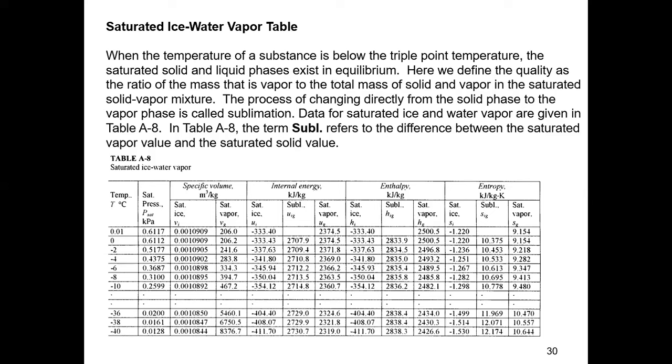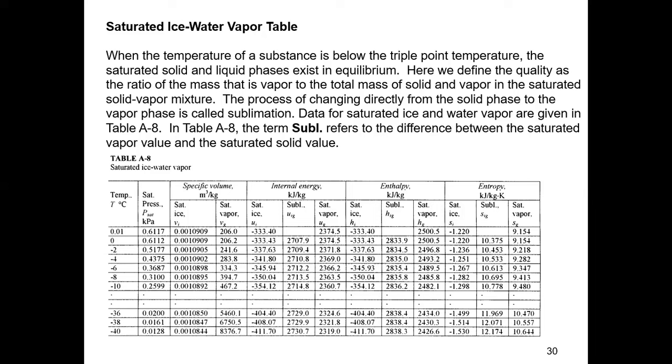When the temperature of a substance is below the triple point temperature, the saturated solid and vapor phases exist in equilibrium. Here we define the quality as the ratio of the mass of vapor to the total mass of solid and vapor in the saturated solid-vapor mixture.